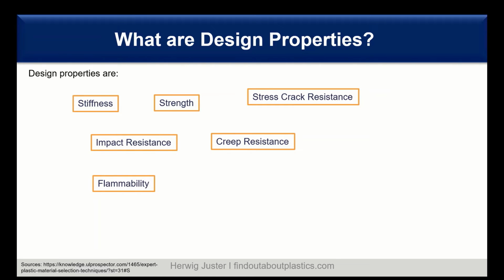Although the material is not inherently flame resistant, with a certain wall thickness you can reach a certain V0 level. And also the same with fatigue resistance. So these are some examples of design properties which we can actively influence.